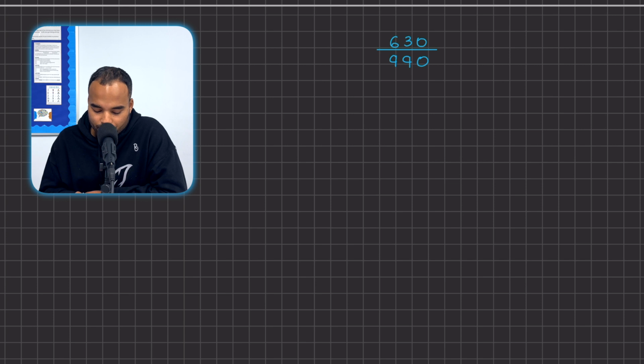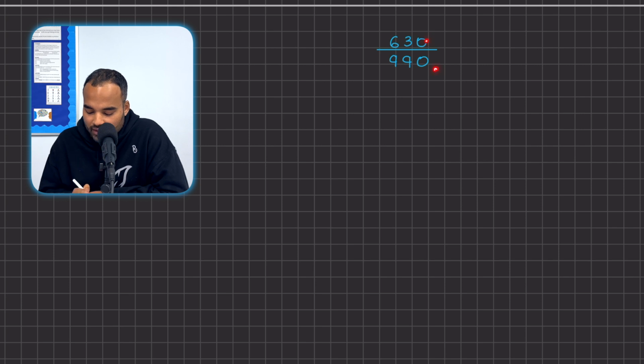I also know, using the same rule, that 9 goes into both of these numbers, because we can use the same rule to test if numbers are divisible by 9. Again, 6 plus 3 plus 0 is 9, and 9 plus 9 plus 0 is 18, and both numbers appear in the 9 times table. So I can divide both of these by 9.